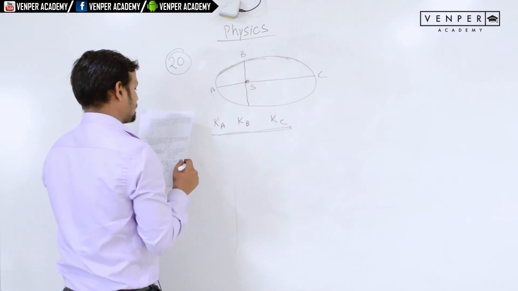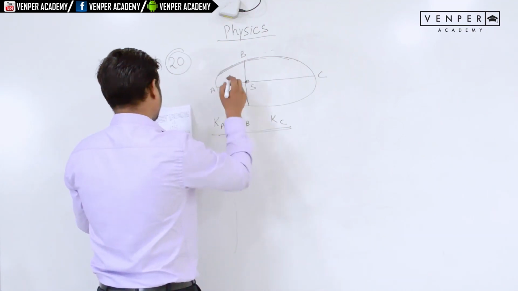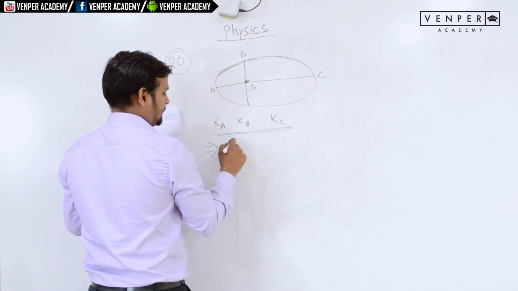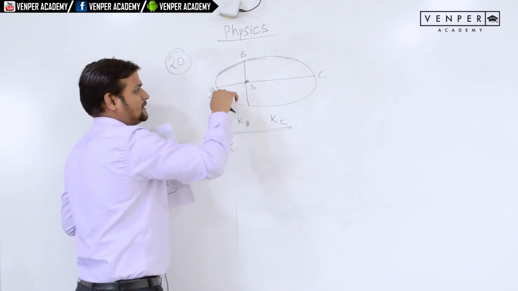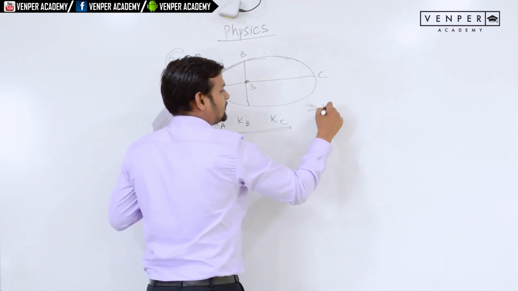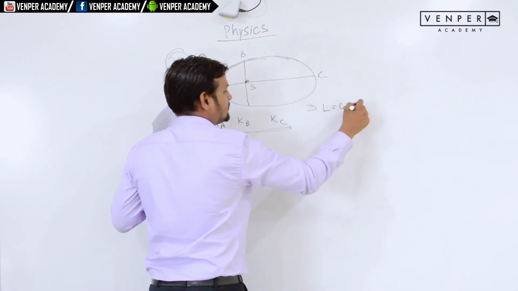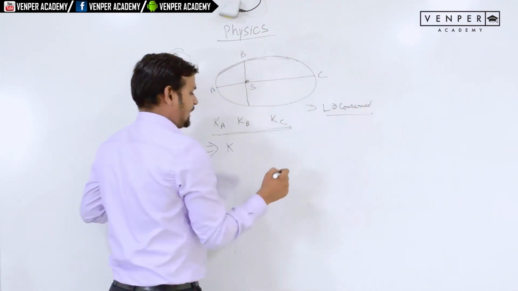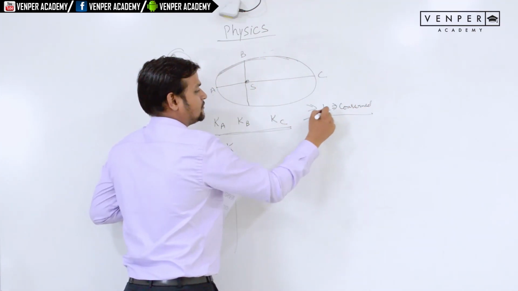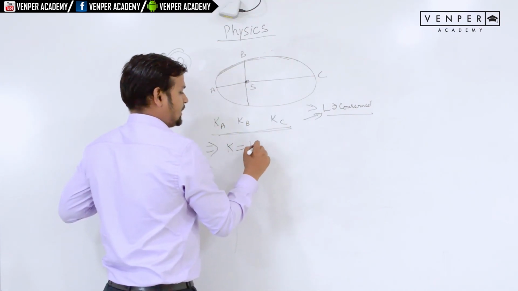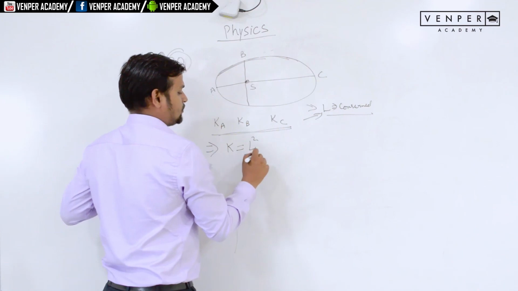Okay, see here, in this case, what is the relation of kinetic energy? First thing you can say, this is revolving around the sun, so angular momentum L is conserved, clear? And if L is conserved, the kinetic energy relation in terms of L is L square by 2I.